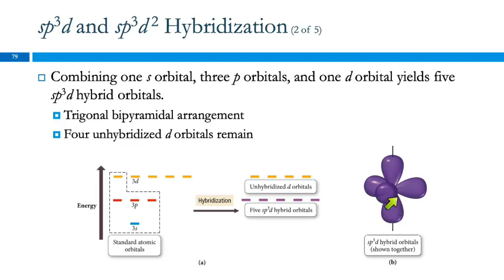And here, the second little nubby lobe would overlap with the other one. So we're not drawing those, but this is 5 lobes, 5 orbitals. 1, 2, 3, 4, 5. Those unhybridized d orbitals are just going to sit there. They were empty before, they're going to stay empty. So these will make a trigonal bipyramid.